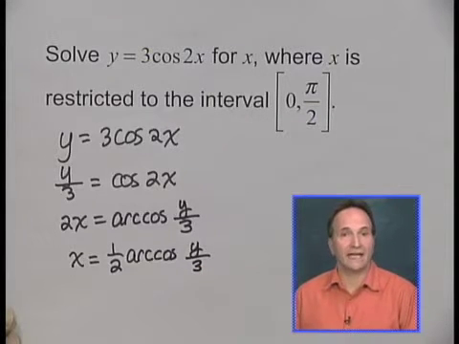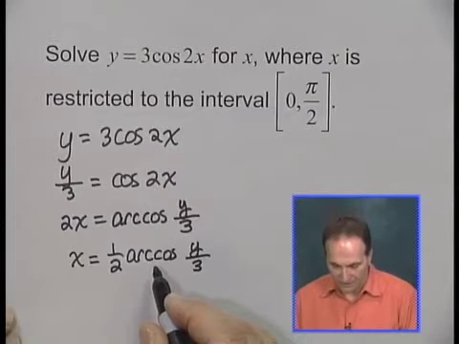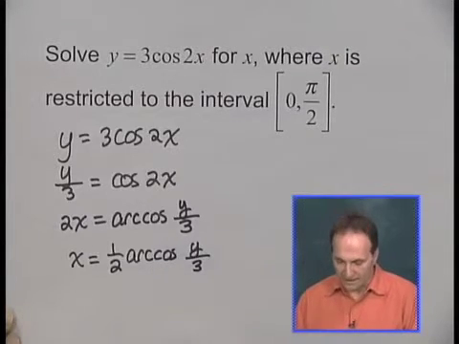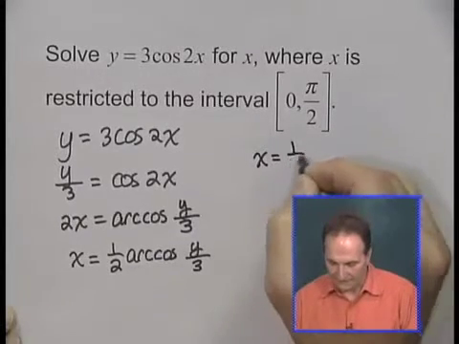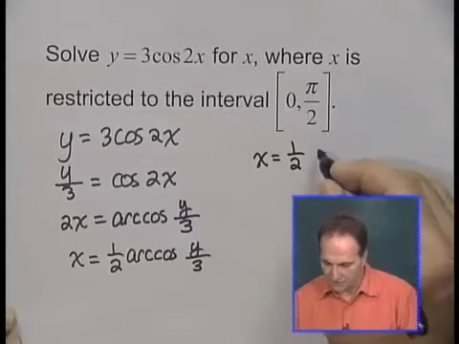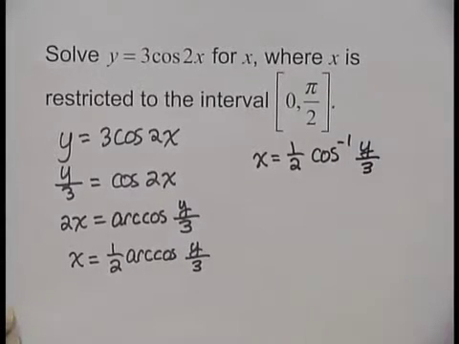Now remember, we can write that using the inverse cosine notation, and so we can write it as x equals 1/2 the inverse cosine of y divided by 3.